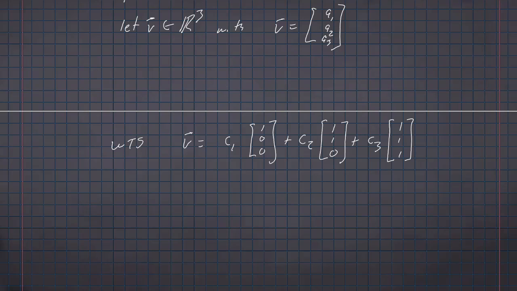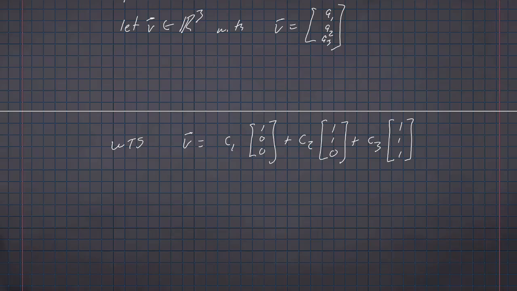I don't remember if I've used WTS as an abbreviation in these videos already, but that stands for want to show. Nice way while you're working through something to remind yourself of what your end goal is. If I can show that vector v can be written using this linear combination, then I will have everything that I need.